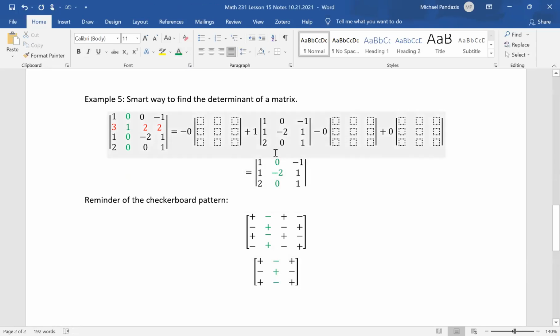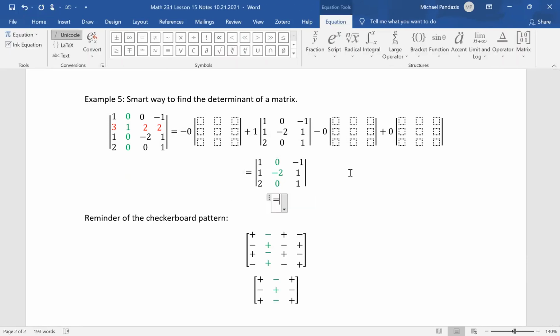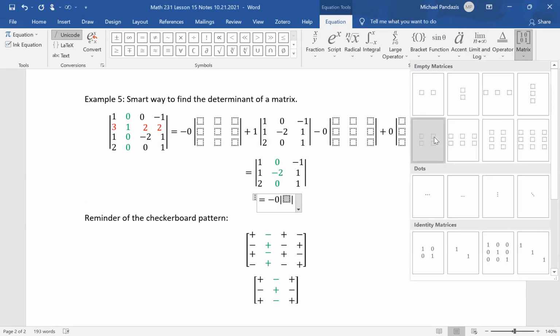The entries we want to look at are these entries in the second column. The top one is going to be negative because it corresponds to the negative sign in this checkerboard pattern. So we take the negative of the first entry times the determinant of the corresponding submatrix.